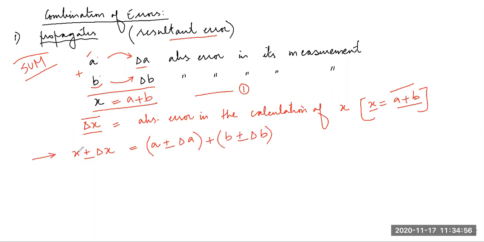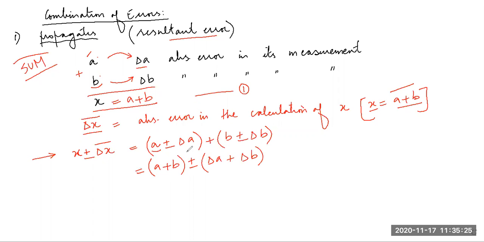This means X with the resultant error, which can be positive or negative, would be equal to A with its corresponding absolute error plus B with its corresponding absolute error. So this can be written as A plus B plus minus delta A plus delta B.